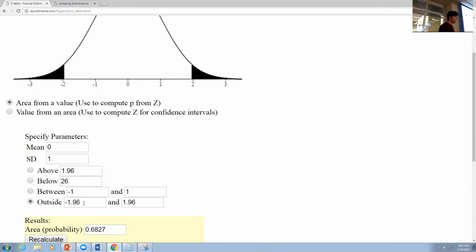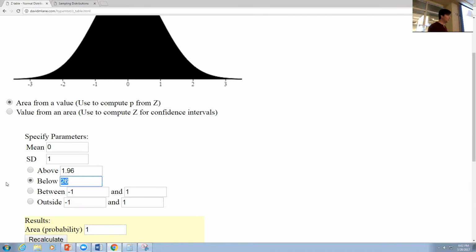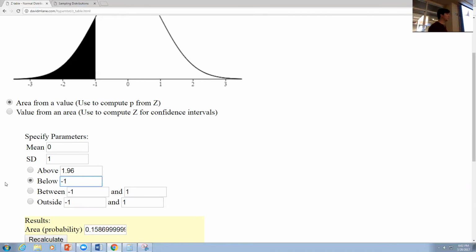That means outside of -1 and 1 is 32. So 68 inside, 32 outside, that means below -1 is going to be 16. And these are all rounded, 68, 32, 16. David M. Lim gives more exact numbers, but the empirical rule lets you hold it in your head. But then if we go to -2 and 2, so let's change all these numbers.